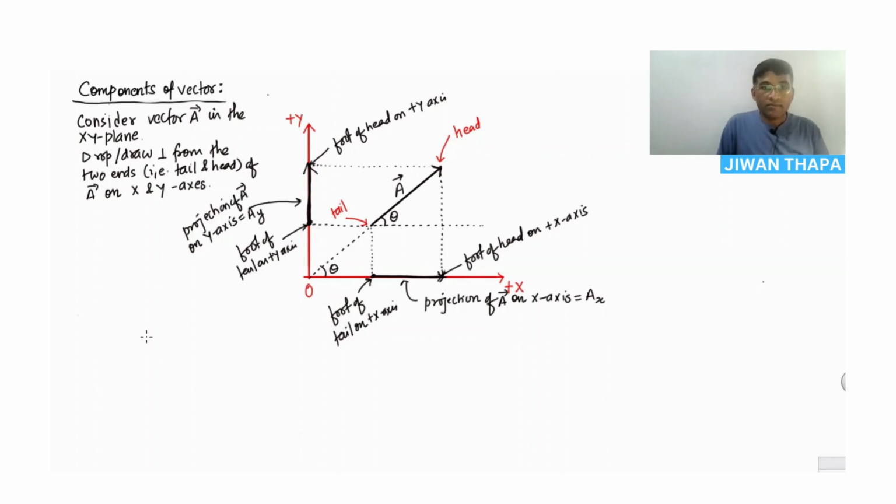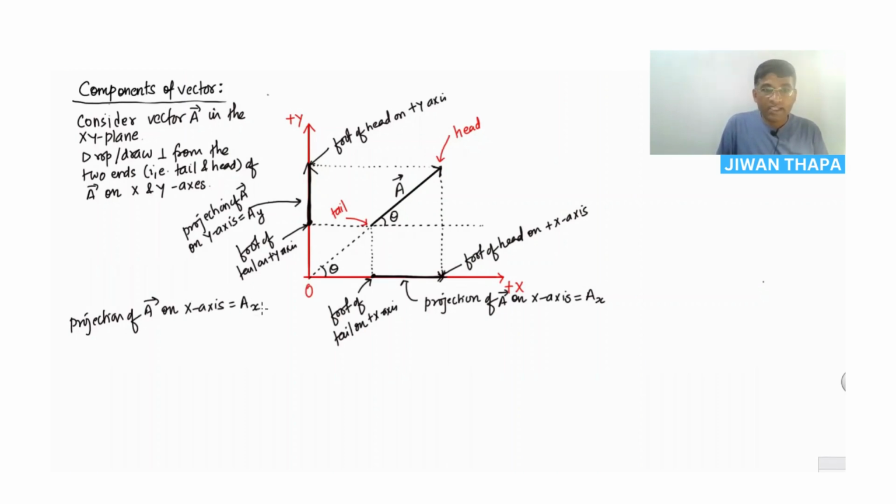So I'm writing over here: the projection of vector A on the x-axis is the component of vector A along the x-axis.